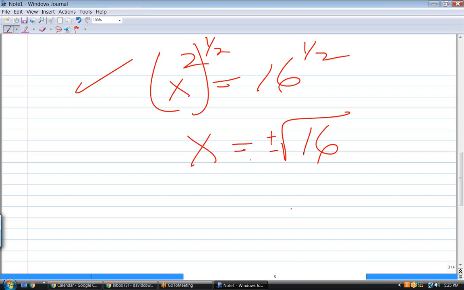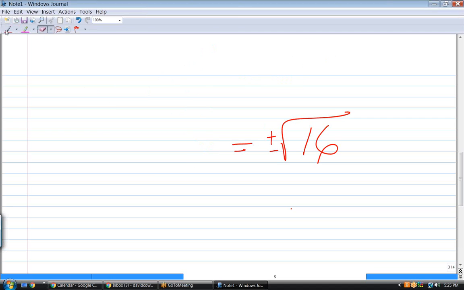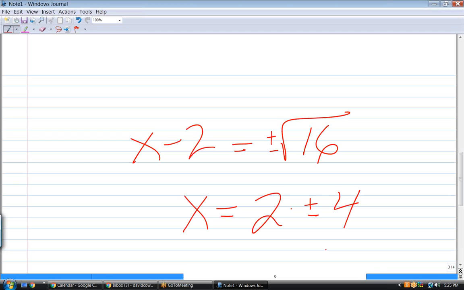And that is a very common mistake and a very bad mistake. You will not get the answer right if you leave off the plus or minus, if you happen to make a mistake and leave it off. Okay? Because frequently it's things like, well, x minus 2 is equal to that. So now the proper answer is 2 plus or minus 4, which gives me two answers, 6 or minus 2.